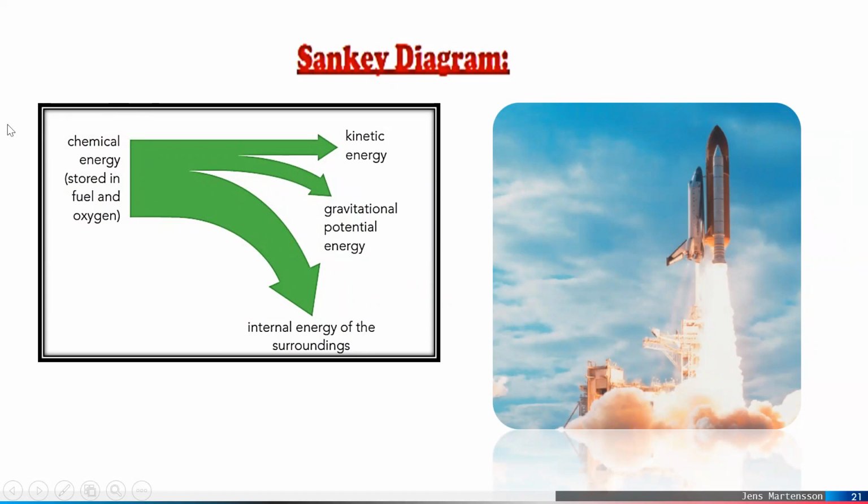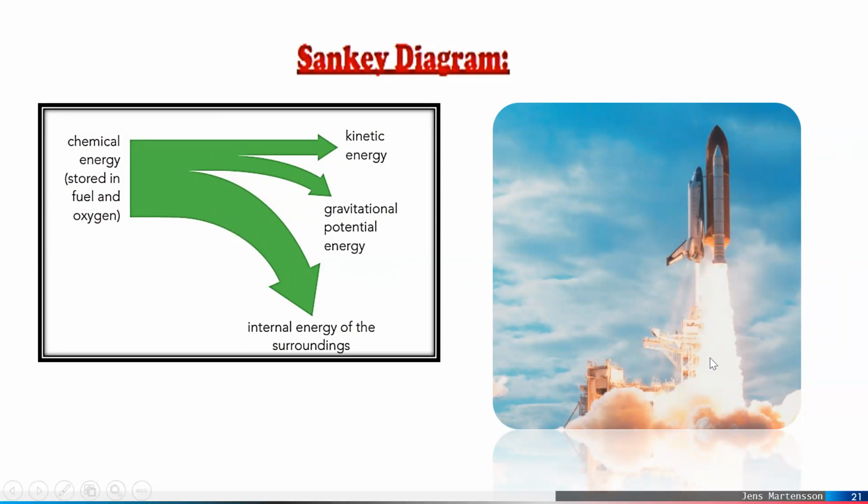That means if you have energy stored as chemical potential energy, like in this space rocket, the fuel is the main factor which gives the rocket the reason to move. So the burning of fuel in the presence of oxygen makes the rocket move or launch up.